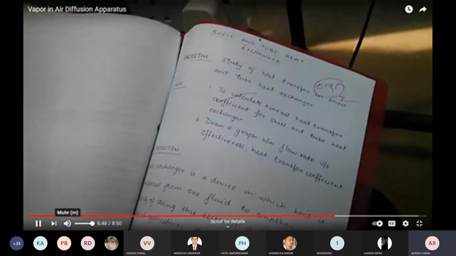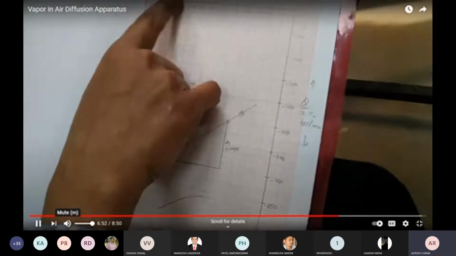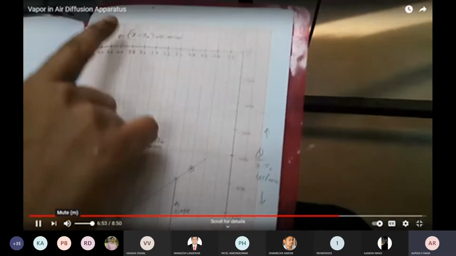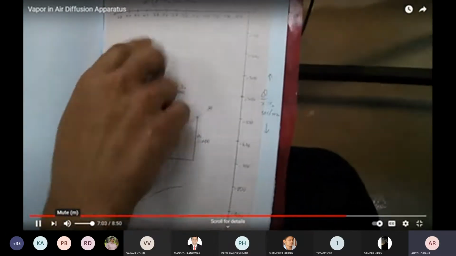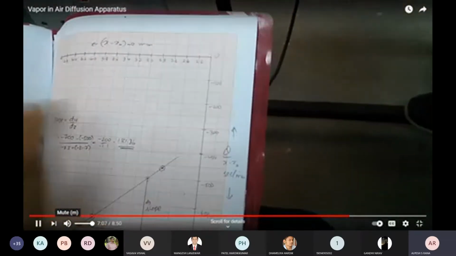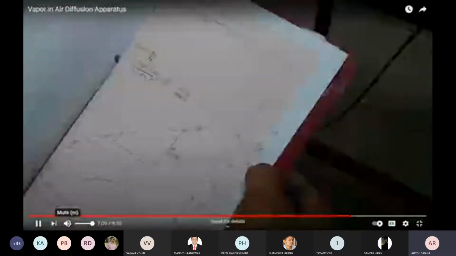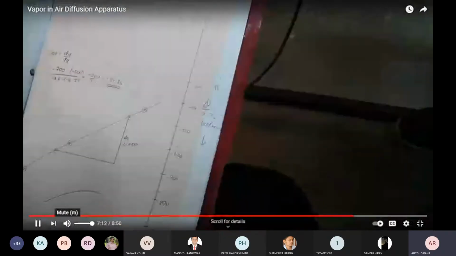Both are negatives actually, so it will come in the third quadrant. Both X as well as Y are negative, right? So X minus X naught versus theta by X naught. For the 4 readings, the 4 points are obtained, right?